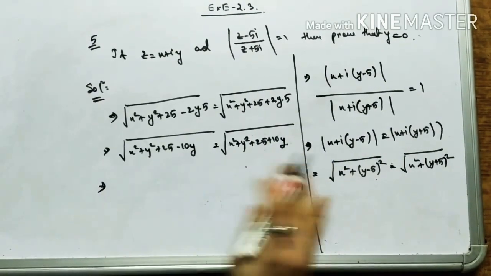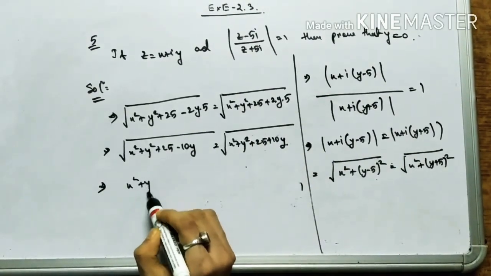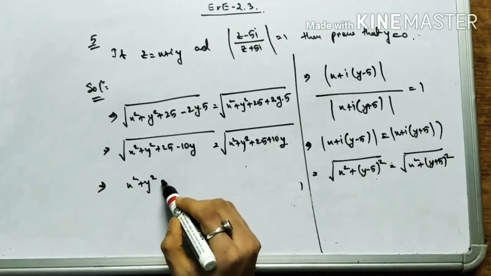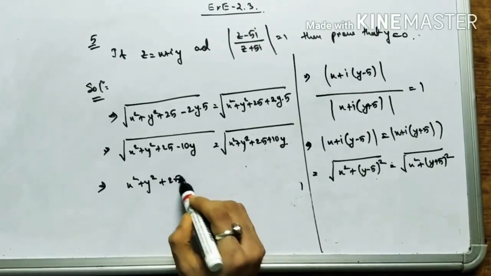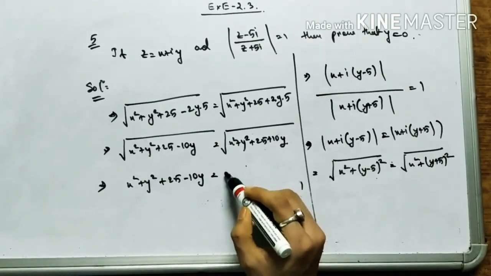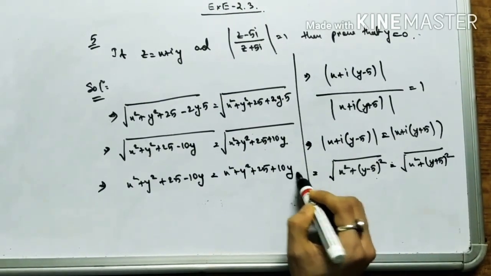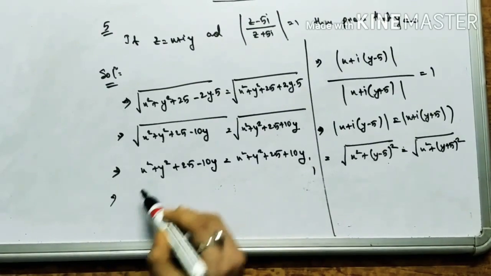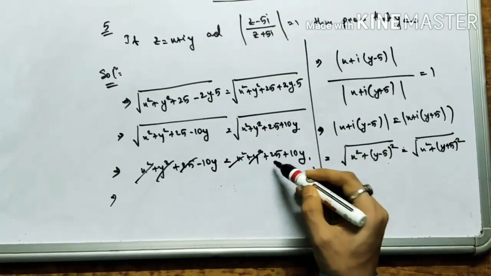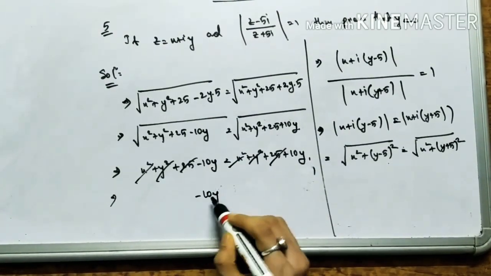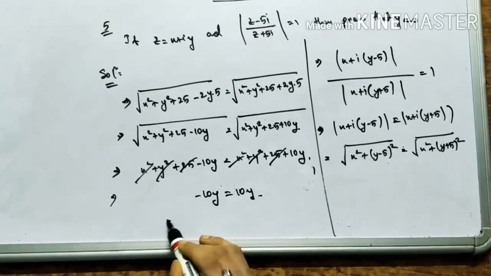Now squaring both sides, I will get x square plus y square plus 25 minus 10y is equal to x square plus y square plus 25 plus 10y. Okay, so in here I can cut 25, and minus 10y is equal to 10y I am getting.